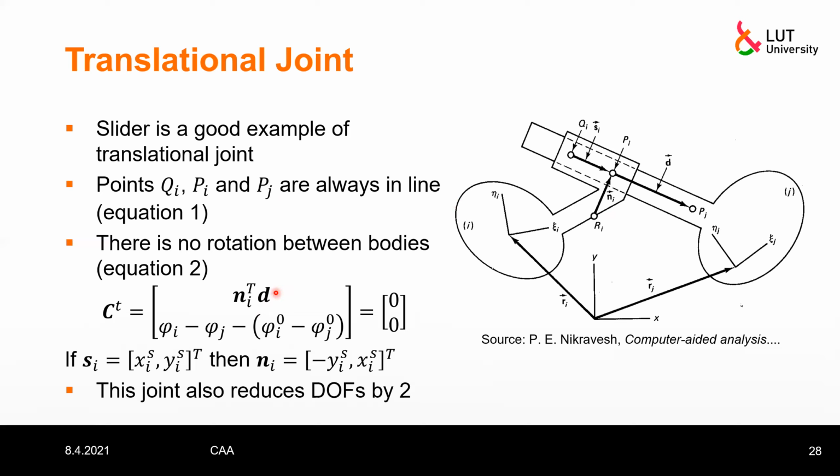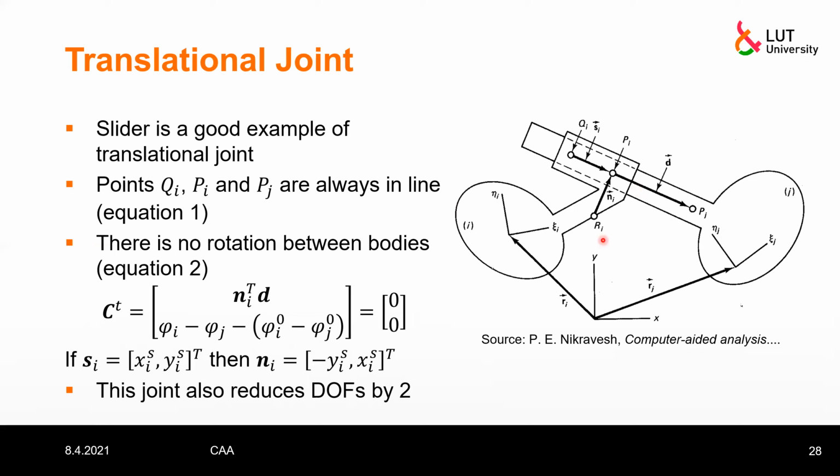You can find those entities here. Ni is a vector that is perpendicular to this axis of translation, and d is a vector along this axis. Here we write this dot product, sorry, not cross product, because if those are perpendicular, we know from the definition of the dot product that it must be equal to 0.